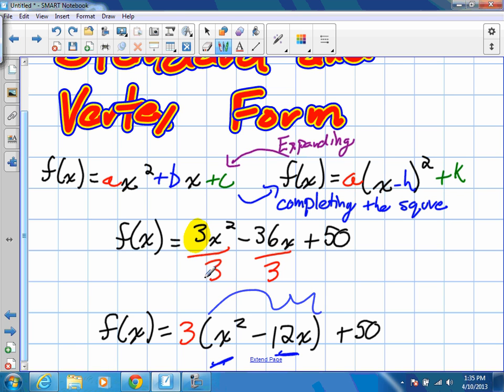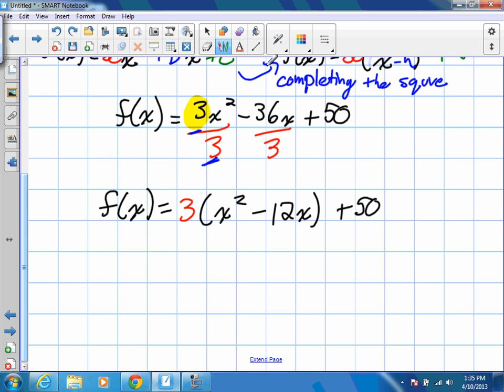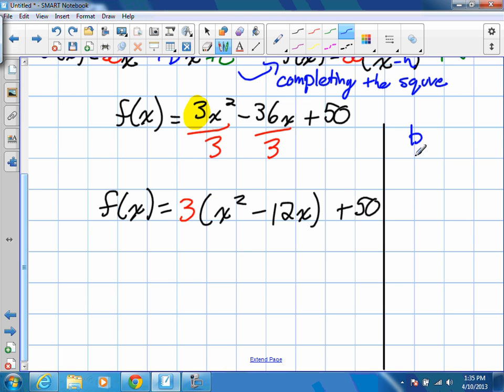When we do this, we also want the x term, when we factor it, to have just a value of 1. The reason we want that is because in vertex form, there's only a 1 in front of the x. We don't want a larger value. That's why we take out our a value. Okay? So from step 2, we have to do a bit of side calculating. The way we remember it is we call it the b term, and we say we divide b by 2 and square it. So this is our little formula, b divided by 2 squared.